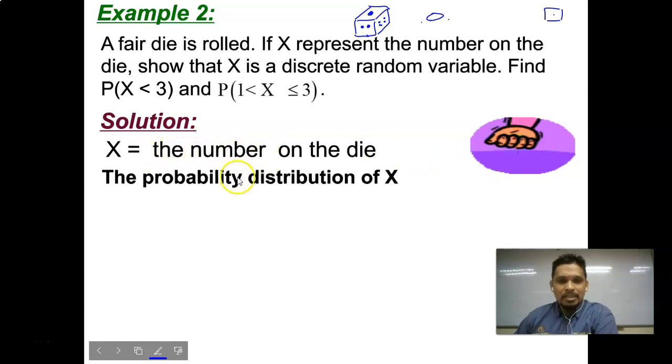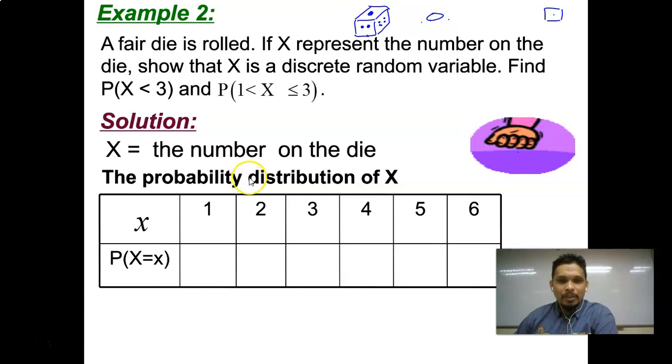So x is the number on the dice. Every single one is a fair dice, meaning there are 6 surfaces, and every surface shows the dots of number 1 until 6. When we roll a fair dice, we will get one result.